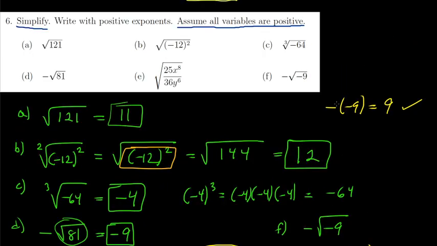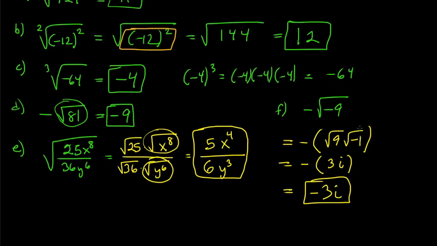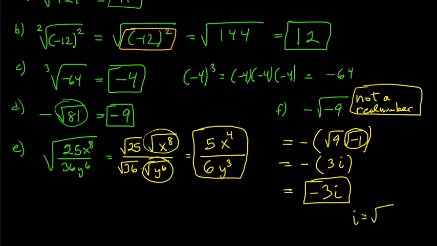If you were doing this way back in section, I believe it's 10.1 or 10.2, you would just reply that, look, this is not a real number, right? Because we didn't know what i was back then. But now we do. We know what i is, right? You should know that i is the square root of negative 1. And so the answer here should just be negative 3i.